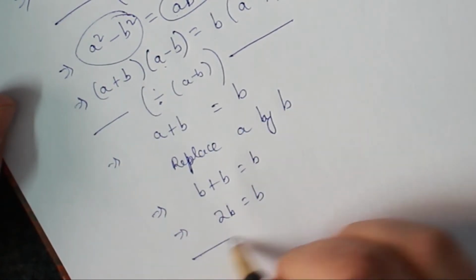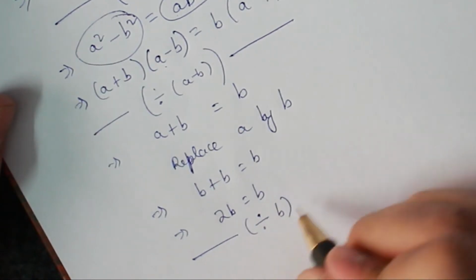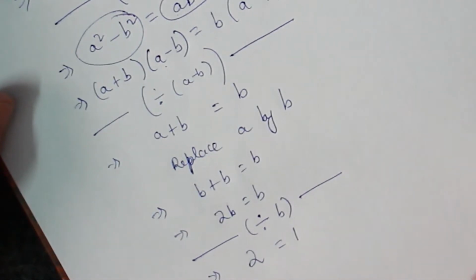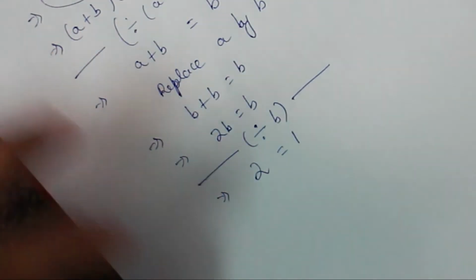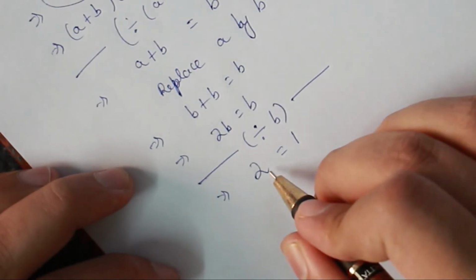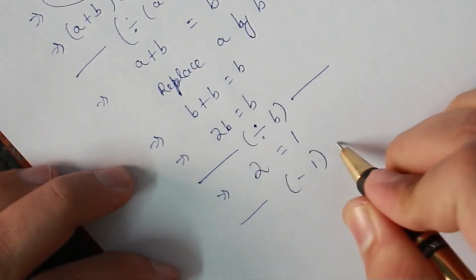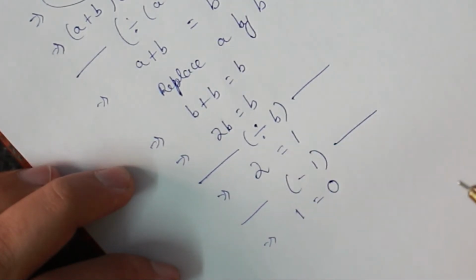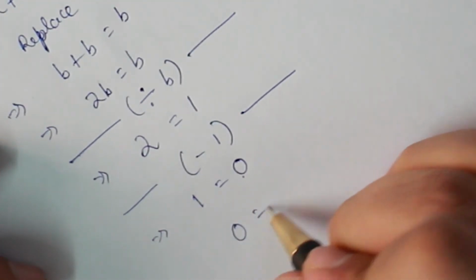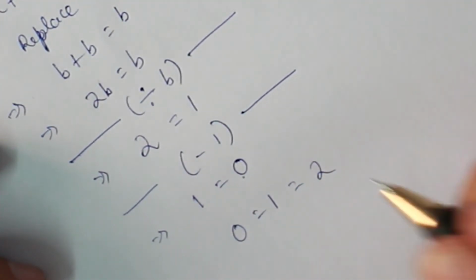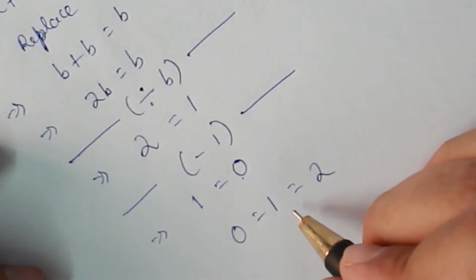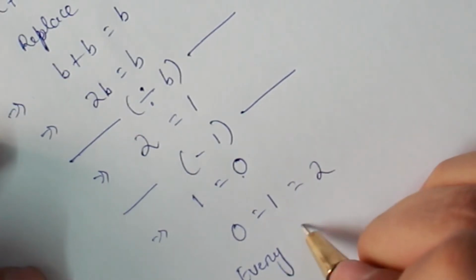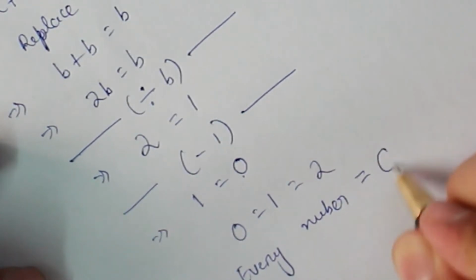Now if I divide both sides by B, we find 2 equals 1. At this point, we can further subtract 1 from both sides and get 1 equals 0, which means if 0 equals 1 and 1 equals 2, then each and every number is equal to 0.